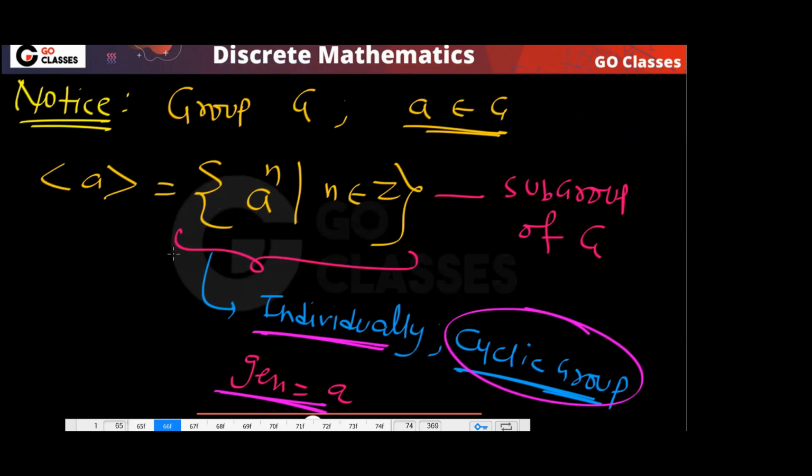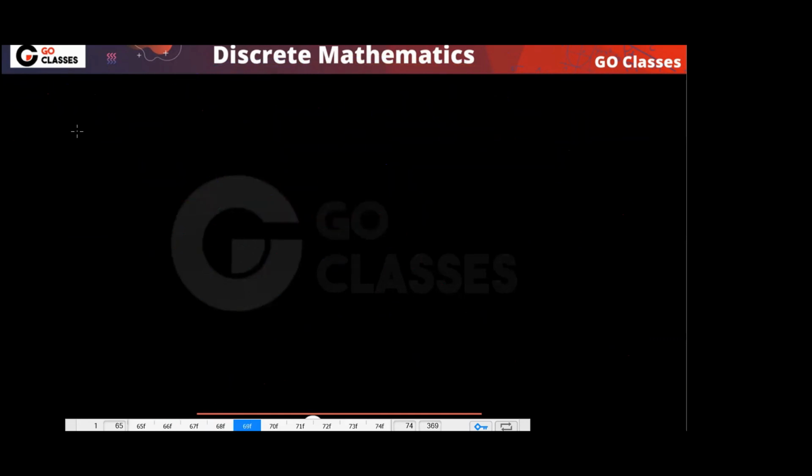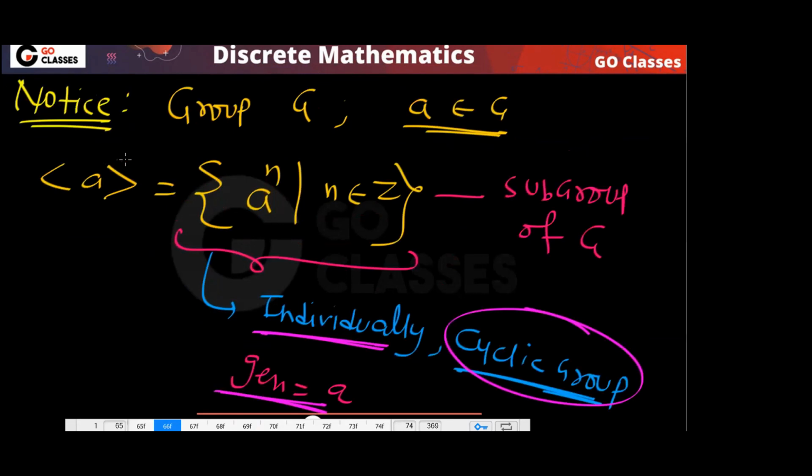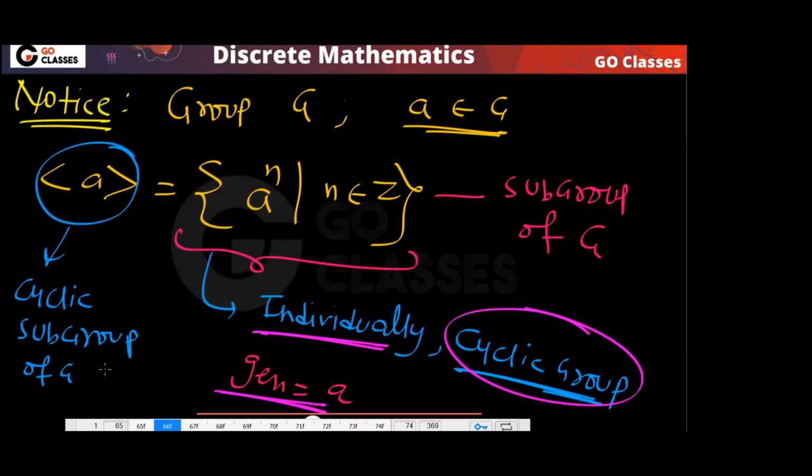That is the reason it is called the cyclic subgroup of G generated by a.